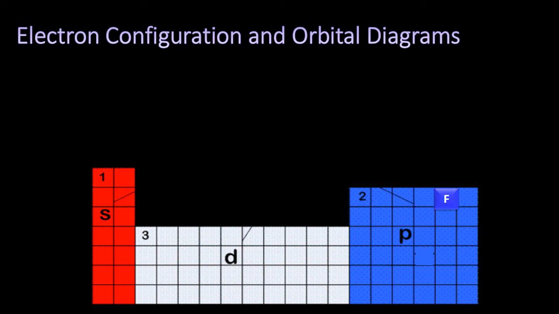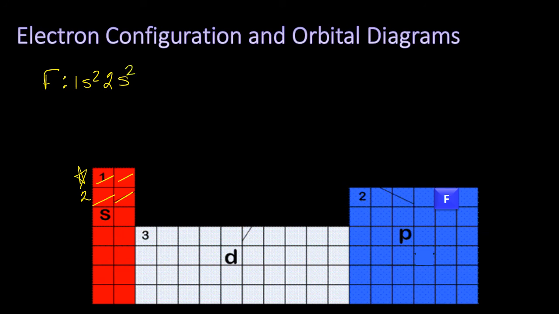Try it for fluorine. Okay, so starting here, we have 1s2. And down here to the second energy level, 2s2.